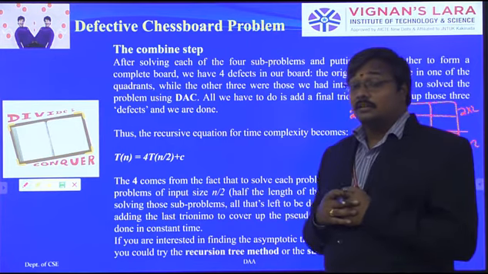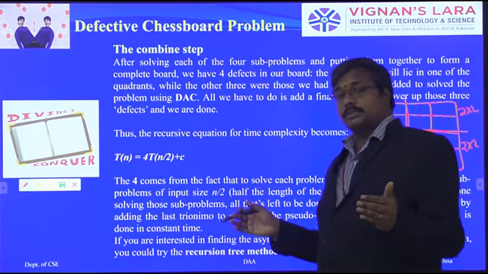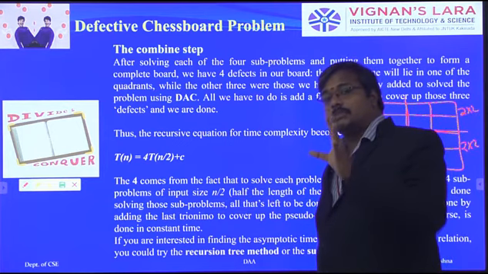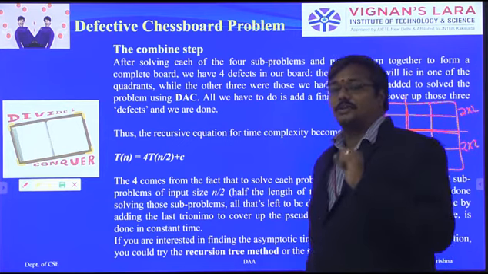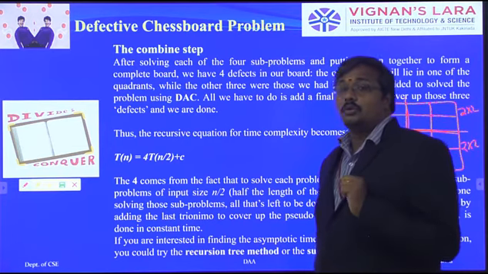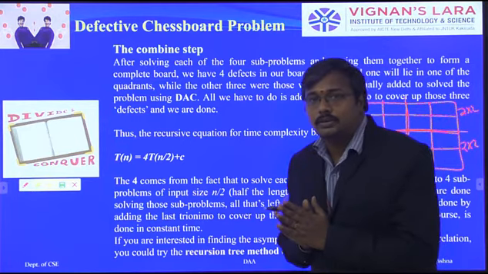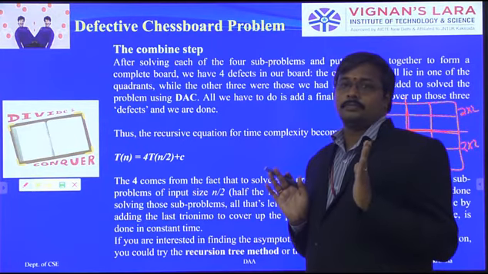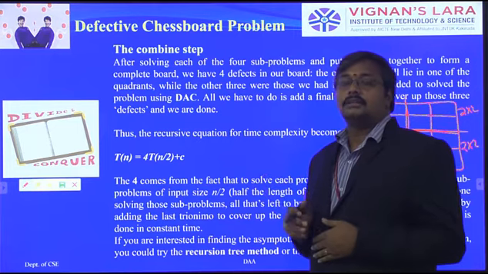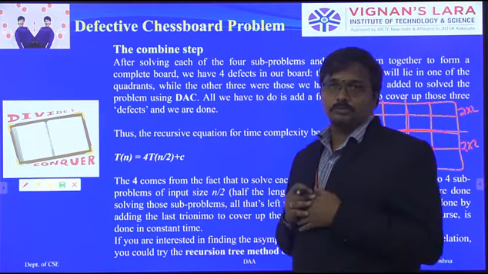But whenever we decompose the problem into smaller problems, each and every subproblem must have one defective tile to solve this problem. So how do we imagine the rest of the 3 defective tiles? That itself we take as a triamino shape.